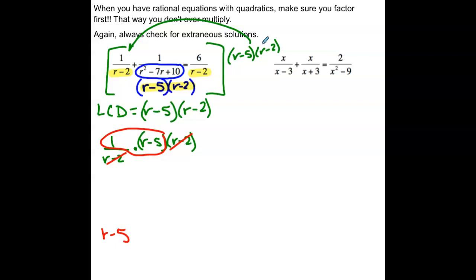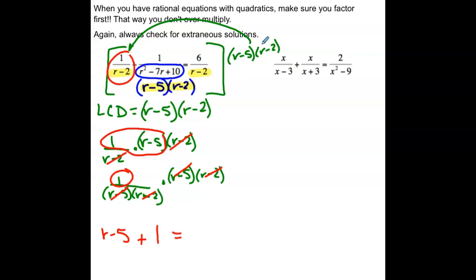Okay, so that's this first fraction converted. Okay, then it says I'm adding to it. Now when I go to multiply the second one, I had 1 over an r minus 5 and an r minus 2. When I multiply by both of those, all of this drops out, and we're left with just the 1.